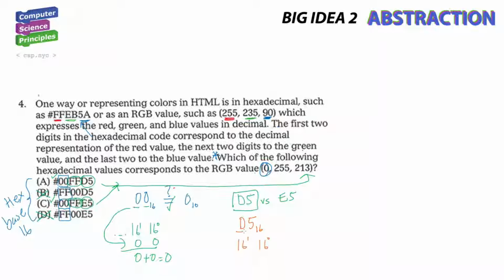There are two characters here. The 5 goes under here, and then the D goes here. Now, that's a little strange, how there's a letter, but that's how hexadecimal works. We start off with 0, then 1, 2, 3, 4, 5, 6, 7, 8, 9. Now we don't put a 10. We then go to A, B, C, D, E.